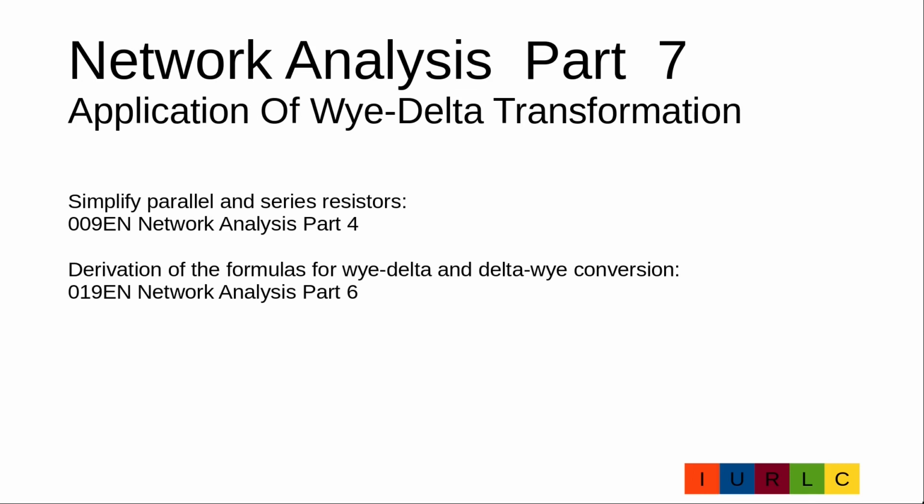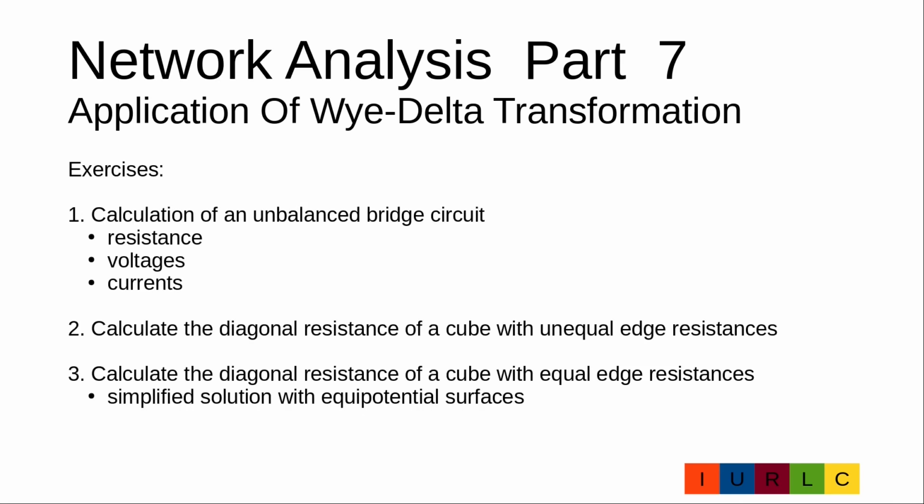This video is based on video 009EN Network Analysis Part 4, where you see how to simplify parallel and serial resistors, and on video 019EN Network Analysis Part 6, where we derive the formulas for the wye-delta and delta-wye conversion. Today we will do 3 exercises.